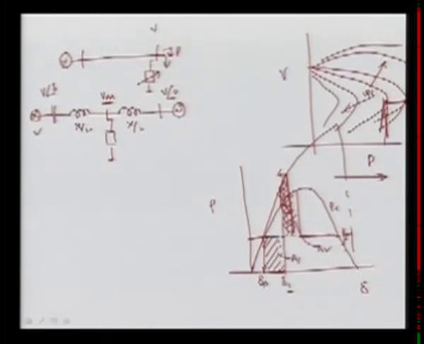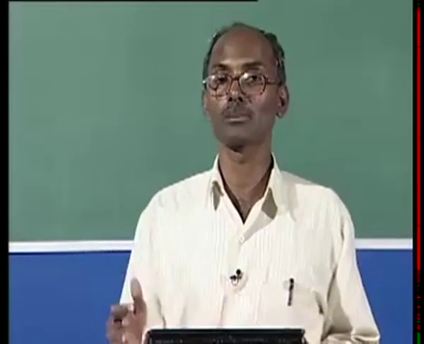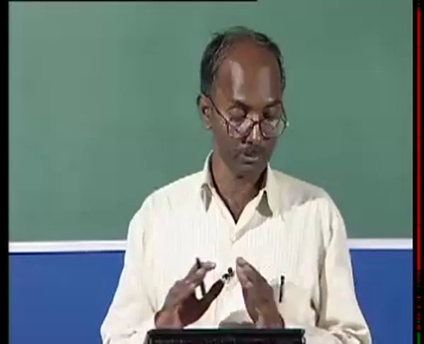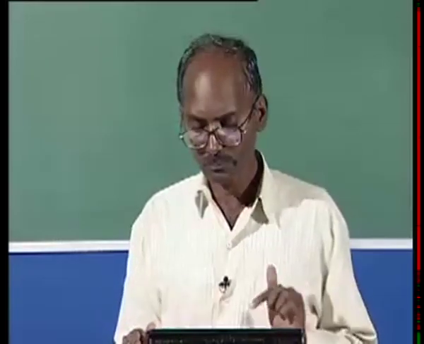Now the margin, you can see we have the margin here up to this point. You can see the huge margin we are having. Earlier we had this margin, now we have a huge margin. So it shows that your transient stability limit is improved, meaning you are having a larger margin.